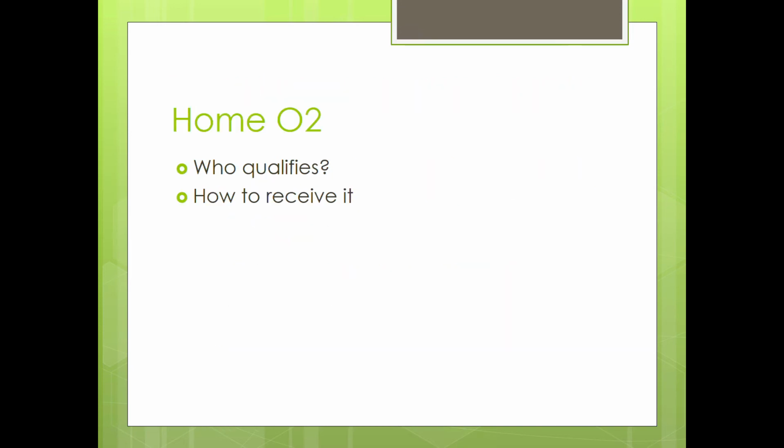Different patients require home O2. Often it's patients that need oxygen while they're sleeping or while they're moving, and most commonly we see it with patients with chronic or end-stage respiratory disorders that are prone to hypoxia. There is a process for receiving home oxygen.